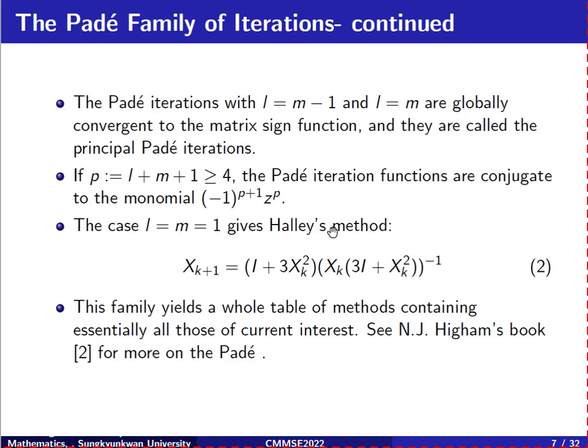These are well known, so I'm going to skip this one. Particularly, the case one gives Halley's method like this. If you want to know more on Padé methods, please see N. J. Higham's book.